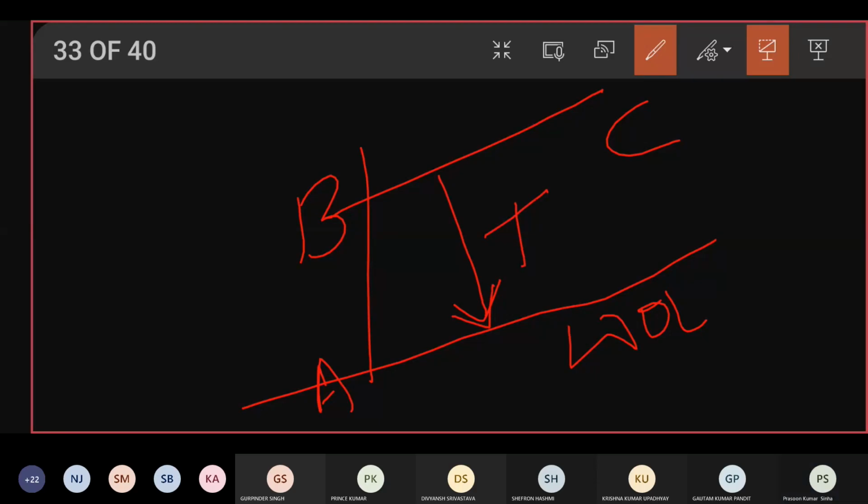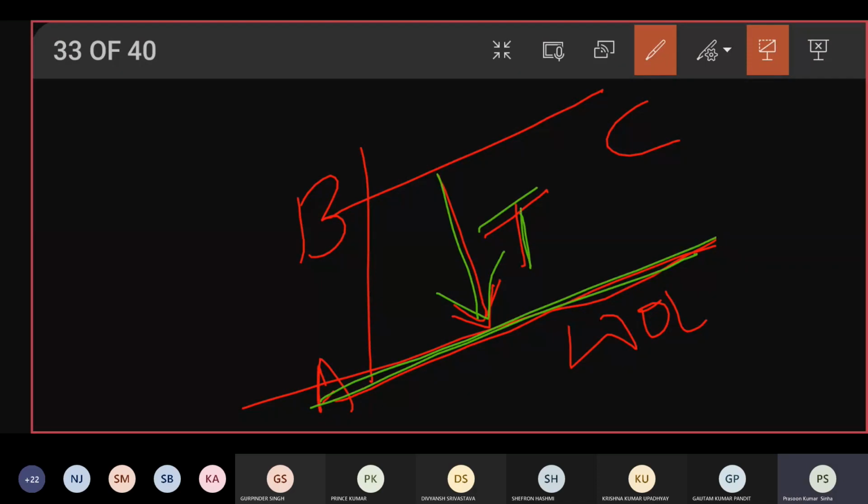The wheel over line is the green line, the distance of which from the final course is given by t. Understood?